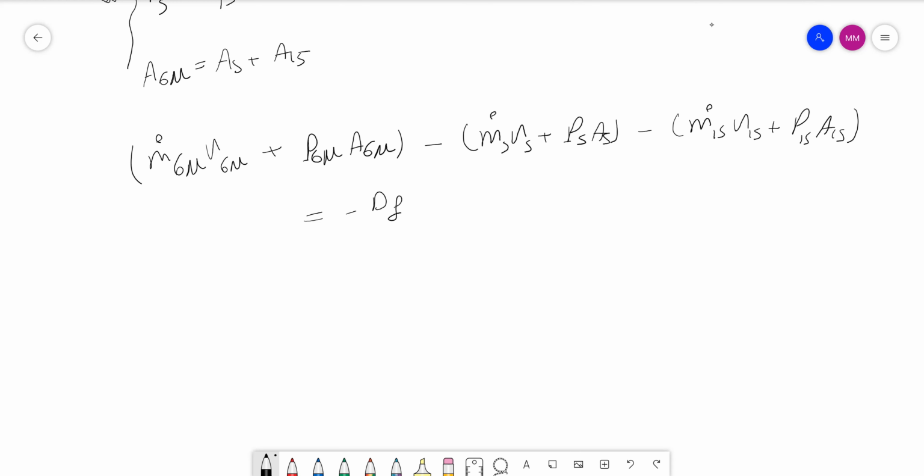And all of this is going to be equal to your drag force. So essentially you can find the drag force using this equation.